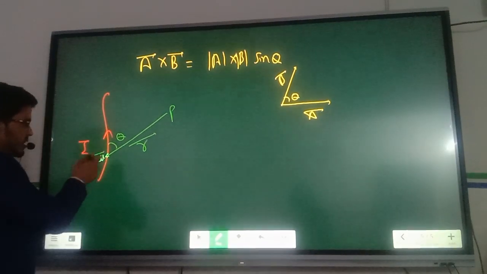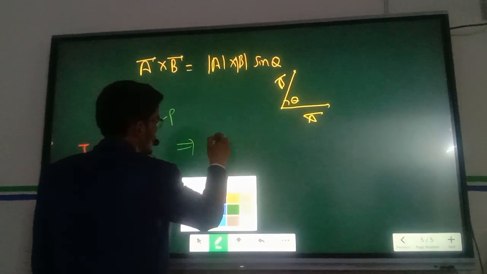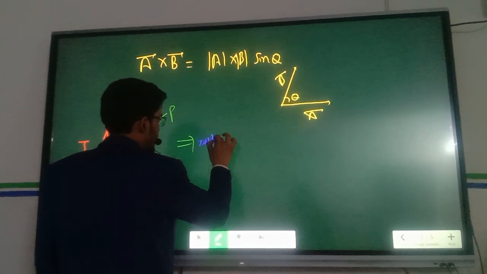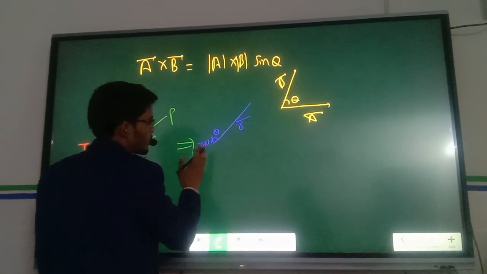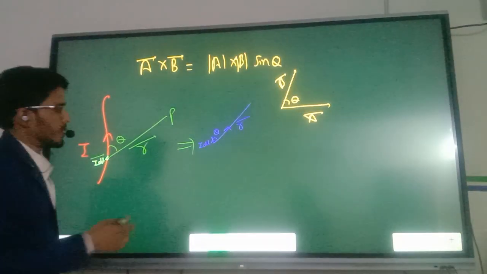If we zoom this dL element, it looks like this: this is IdL, this is R vector, and this is angle theta. So both are vector quantities.